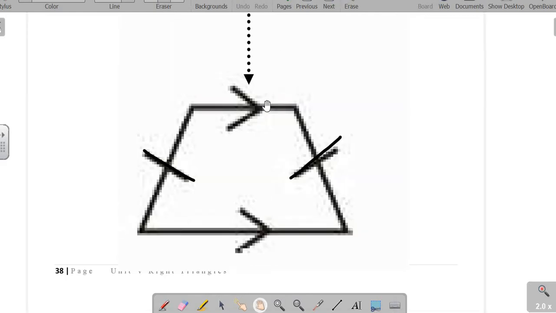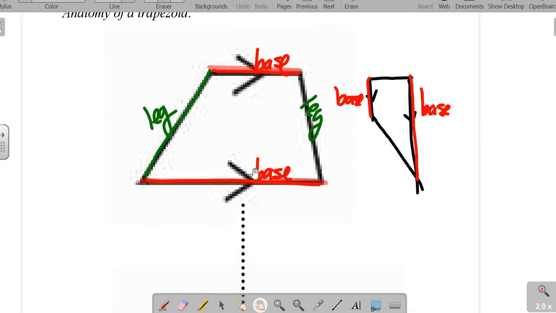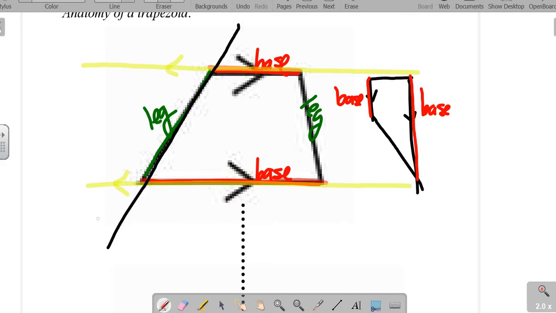Now, trapezoids in general, because of the parallel lines, let's come back up here. We're looking at all trapezoids. Stretch it out, those are parallel, put the little arrow feathers there. Stretch this out to make a stir stick, also known as a transversal.